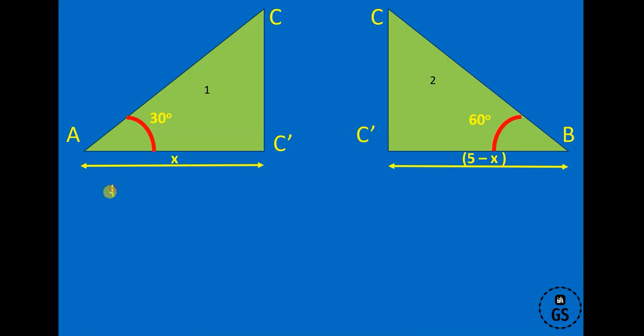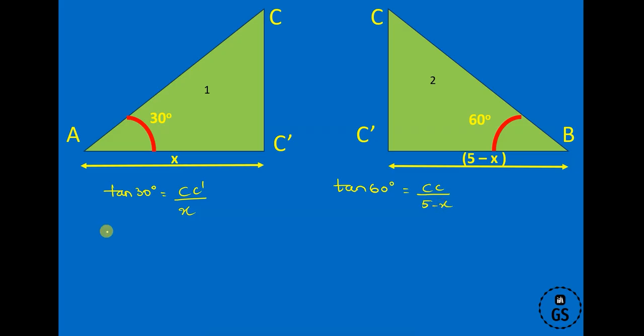Apply tan theta: tan 30 degrees is CC dash divided by x. Similarly, tan 60 degrees is CC dash divided by 5 minus x.